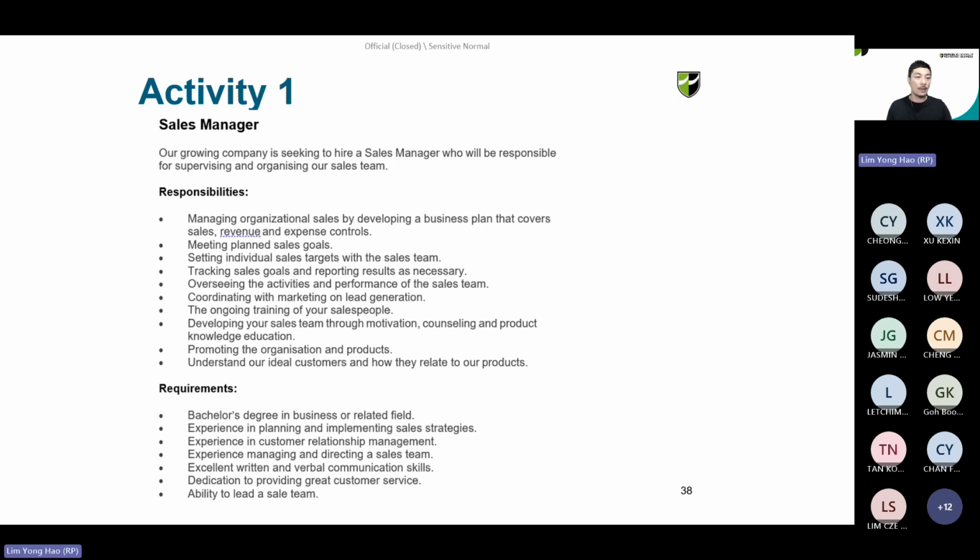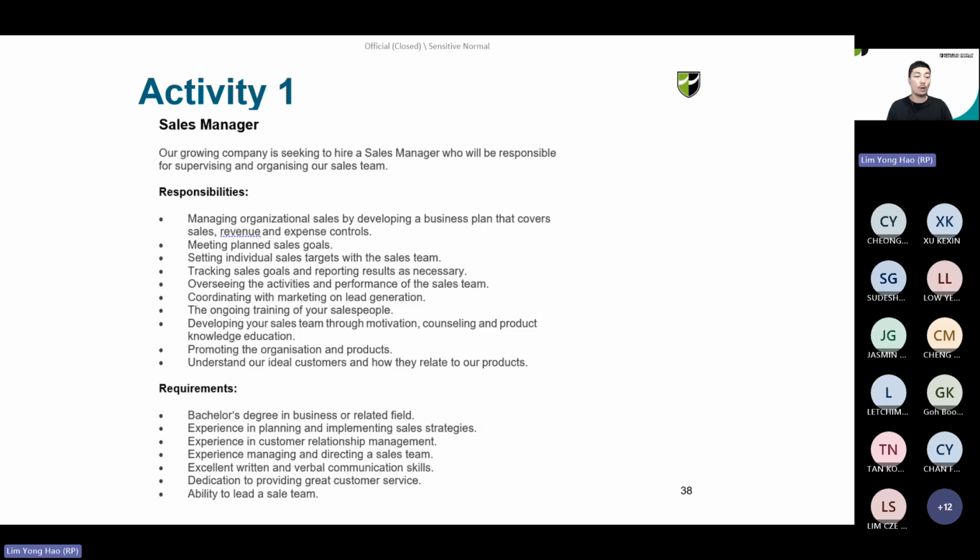Right? So you have a sales manager, these are the responsibilities and the requirements. Managing organizational sales, meeting planned sales goals, setting individual sales targets, sales team, tracking sales. Essentially, it's how do you get a team of salespeople to do the sales a bit more effectively? Of course, a bit of business development as well.